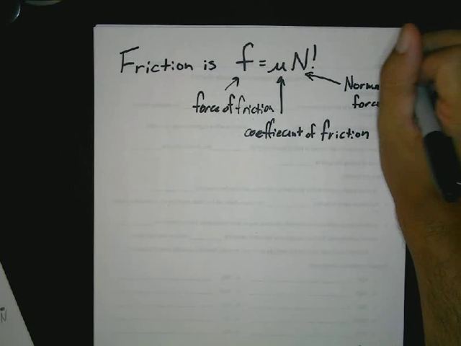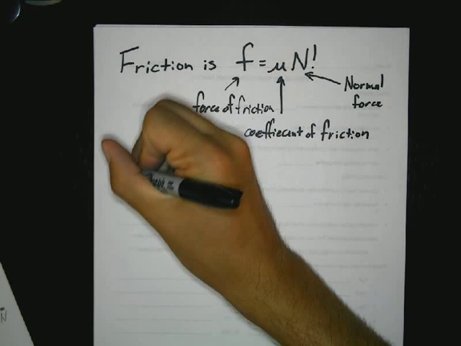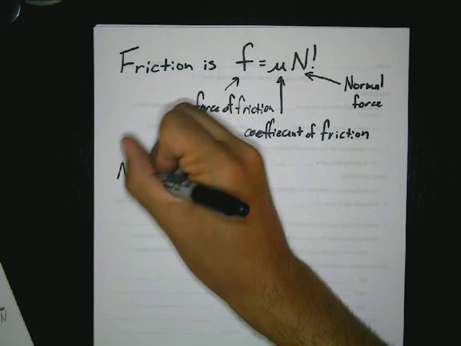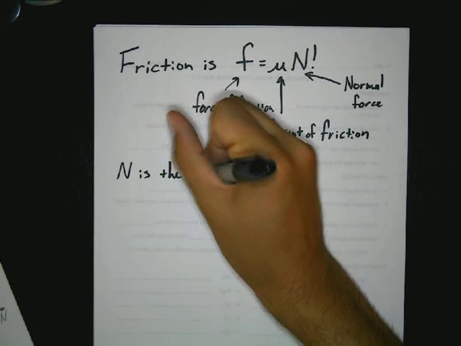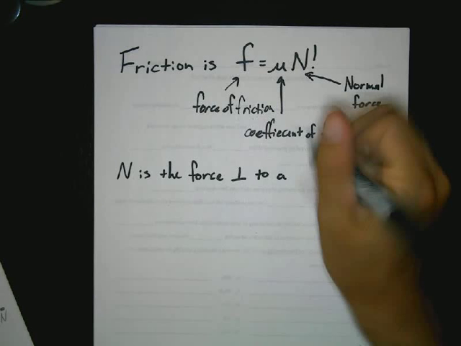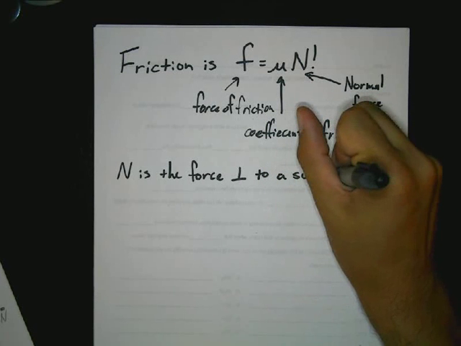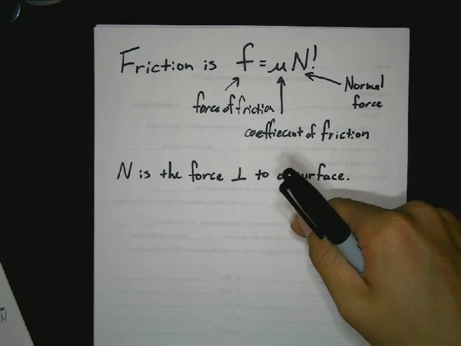So remember, the normal force is the perpendicular force to a surface. This is the force that is keeping the paper from passing through the table.